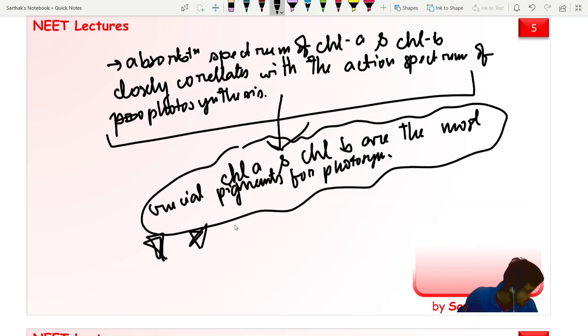You have to understand between the lines. So this is about the absorption and the action spectrum and T.W. Engelmann.